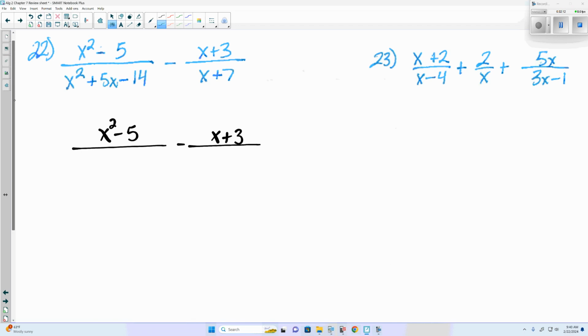The denominator, x squared plus 5x minus 14. No greatest common factor. 14 is negative, so our signs are opposite. Factors of x squared are x and x. Factors of 14 are 1 and 14 or 2 and 7. So it'd be x plus 7 and x minus 2.